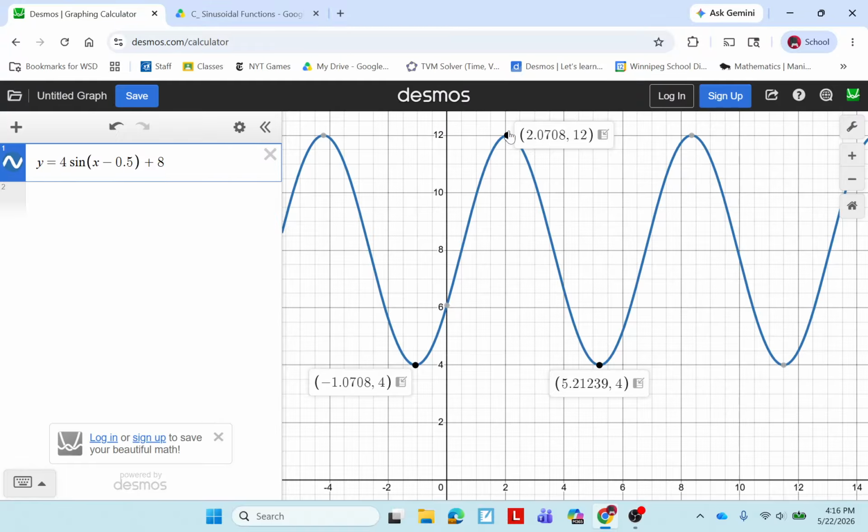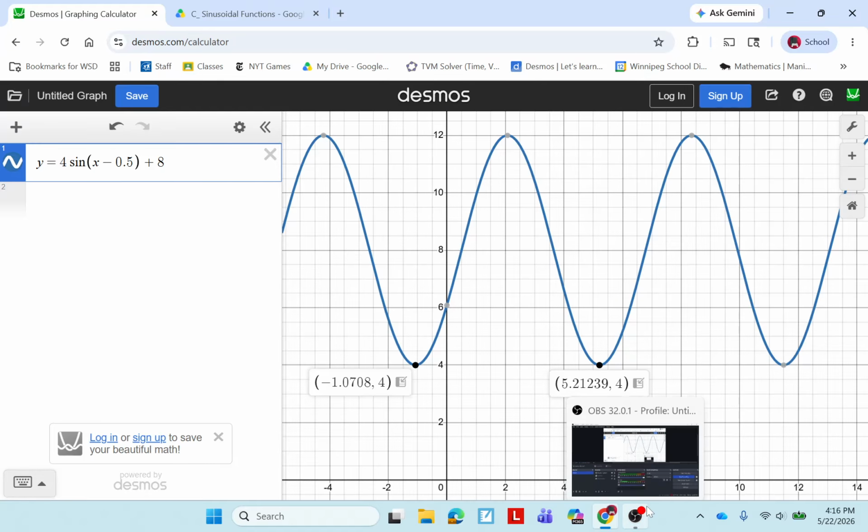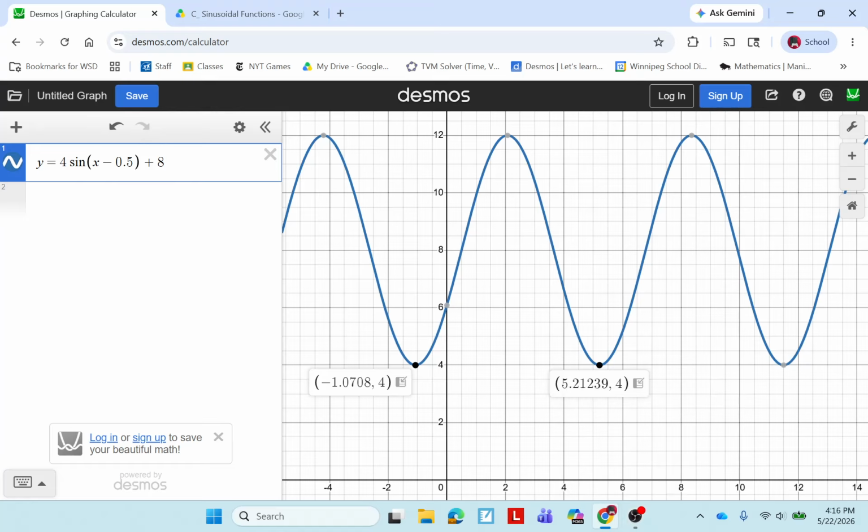So let's start with the period. These are my two minimum points here, and we're going from negative 1.07 over to 5.21. So if we write that down here, and I'm going to switch back to the notes in a minute, we have 5.21 minus negative 1.07.